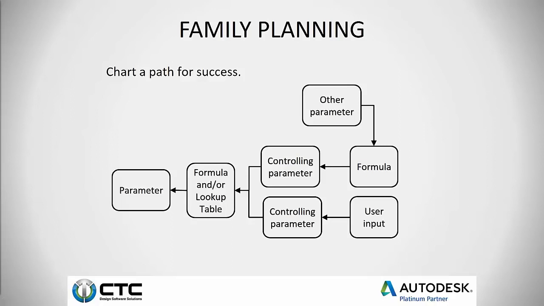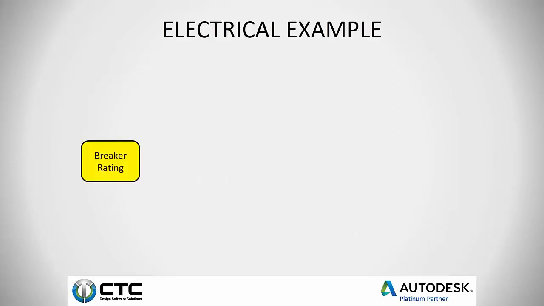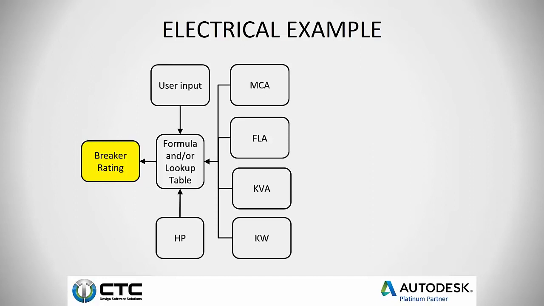So here's an example of using that. I'm going to look at breaker rating for an electrical connector. So if we take a look at that, we know all the parameters that go into this formula. We can either have a user input that puts in the breaker rating manually.